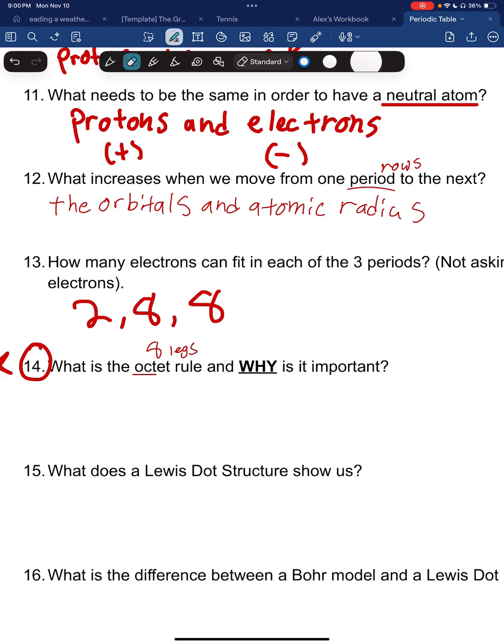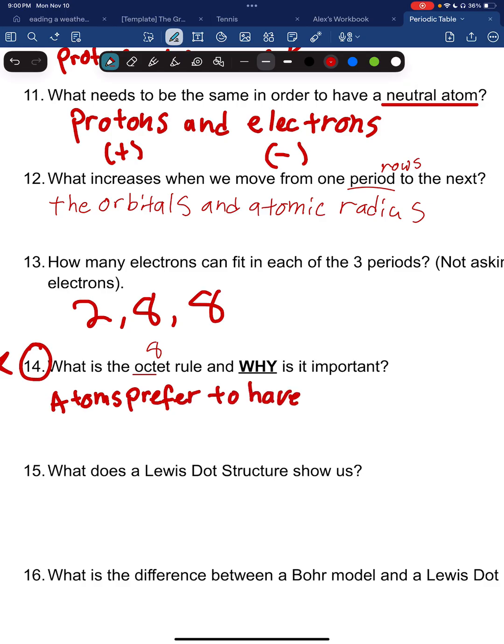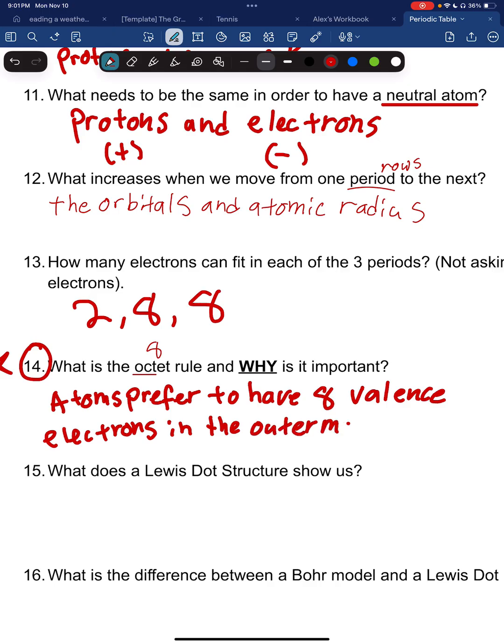So in this case, we aren't talking about legs here, we're talking about electrons, all right? So the octet rule is saying that atoms prefer to have 8 valence electrons in the outermost orbital.